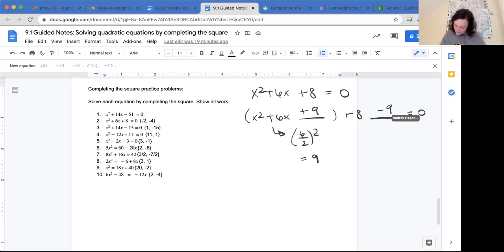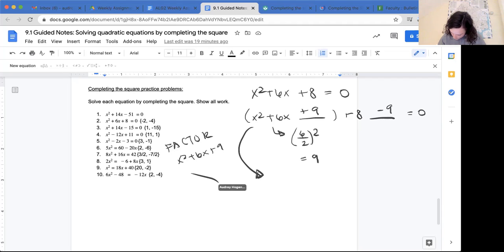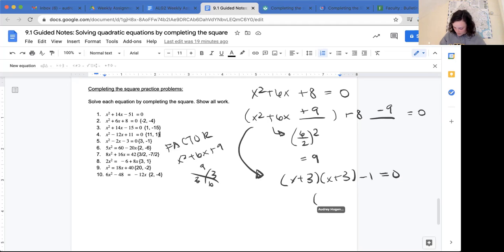I'm going to factor this trinomial, x squared plus 6x plus 9. That's 9, 6, 3, 3. So that's going to be x plus 3 times x plus 3, and 8 minus 9 is minus 1 equals 0. So I'm going to get x plus 3 squared equals 1.